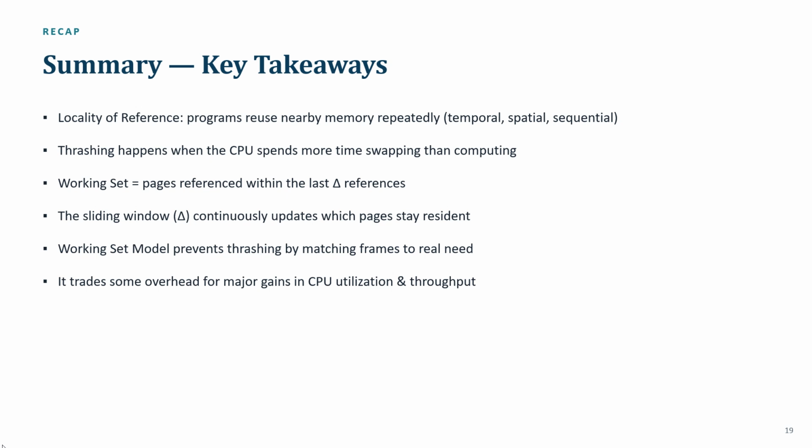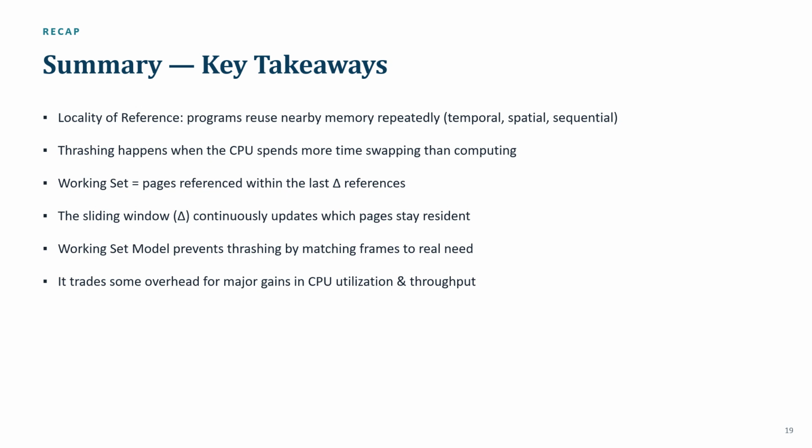Now we will summarize this topic. Locality of reference means a program uses nearby memory repeatedly, and it comes in three types: temporal, spatial, and sequential. Thrashing happens when the CPU spends more time swapping pages than actual computing. The working set is defined as the set of pages referenced within the last delta references.